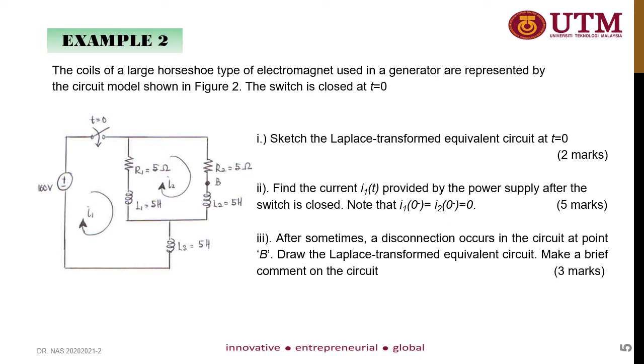less than 0, there's no current flow in the circuit, therefore there's no energy stored inside the passive components, and the initial current or voltage are zeros. And then the second question, find the current I1(t) provided by the power supply after the switch is closed.